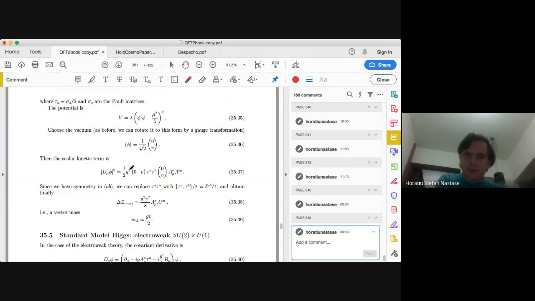So I have g squared times the modulus squared of tau^a A_mu^a times phi, which is (0, v over square root 2), then times another tau^b A^b_mu phi, which is again (0, v over square root 2).